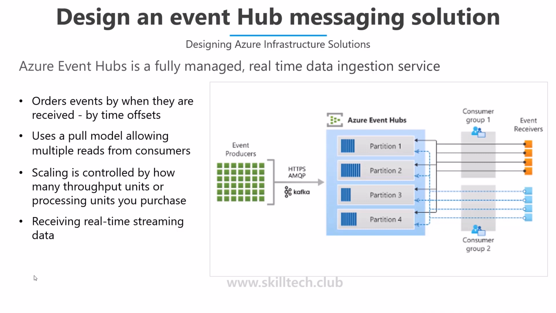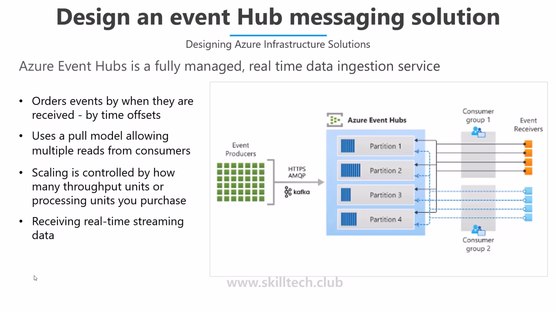After that, we are going to have one or more consumer groups at the right side, which will pick the messages from each partition. Same like subscribers, here we have consumer groups. Whatever messages you are going to send in the event hub, those messages will be duplicated per consumer group. And then inside each consumer group, you can have multiple receivers which will receive the message associated with the event data, and then process it.